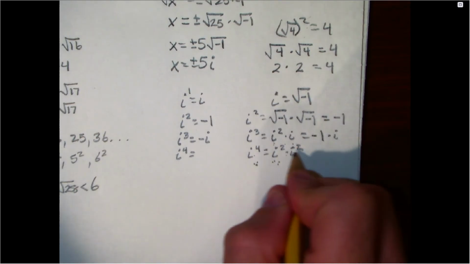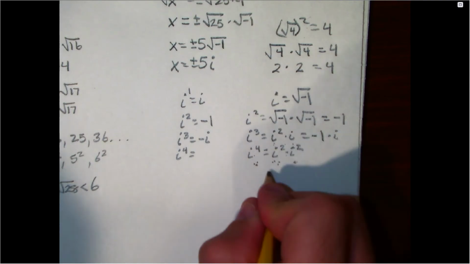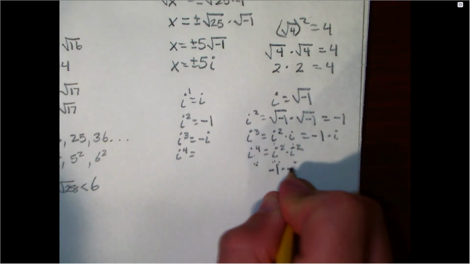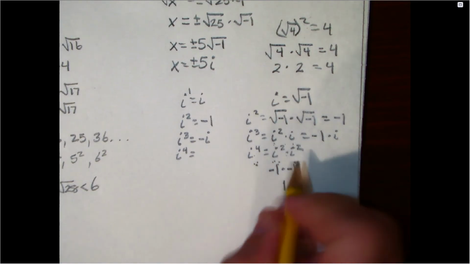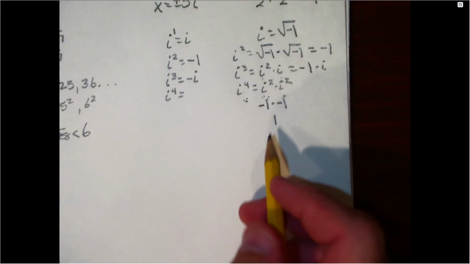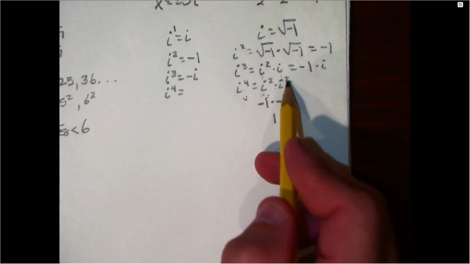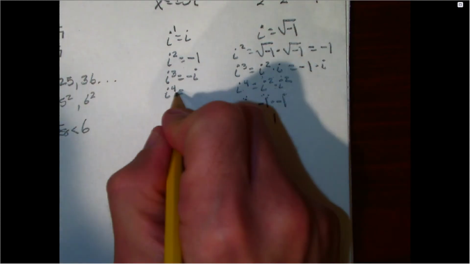And let's not forget that i squared is equal to what? Negative 1. So i squared times i squared is actually negative 1 times negative 1. And what is negative 1 times negative 1? Positive 1, because a negative times a negative is a positive. So i to the fourth power is i squared times i squared, which is negative 1 times negative 1, which is positive 1. So i to the fourth power is just 1.